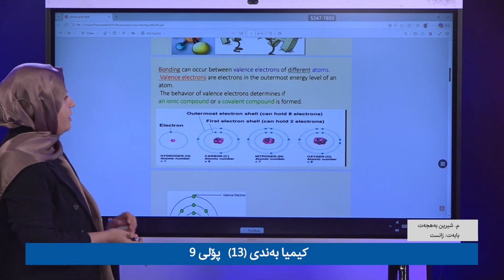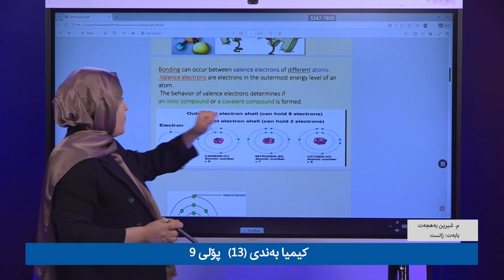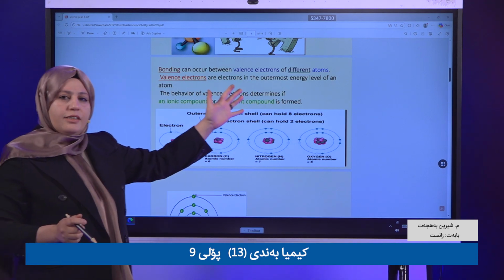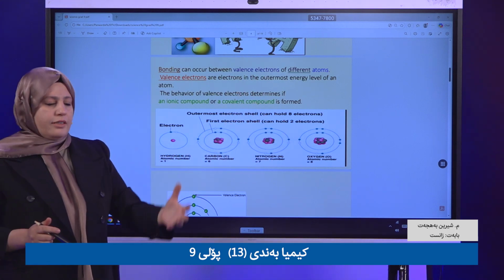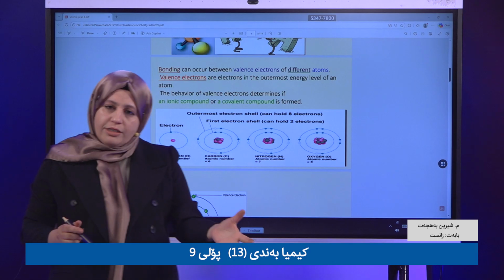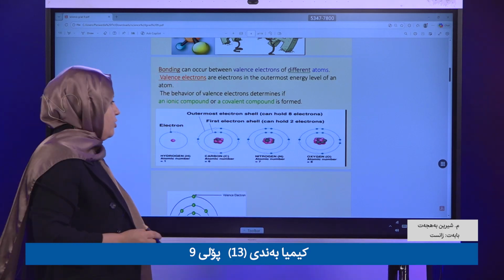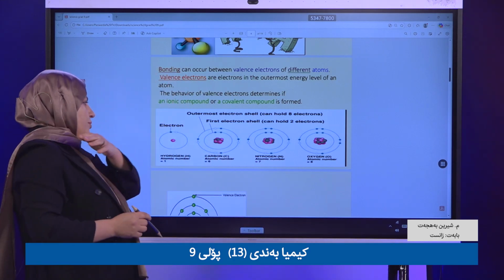The behavior of valence electrons determines ionic compounds and covalent compounds. So because of valence electrons, we know whether this compound is ionic or covalent. Valence electrons are very important.